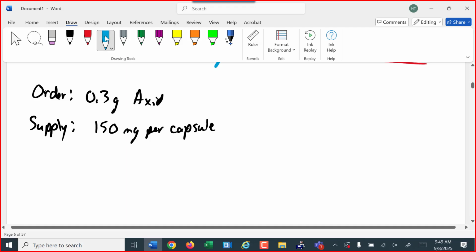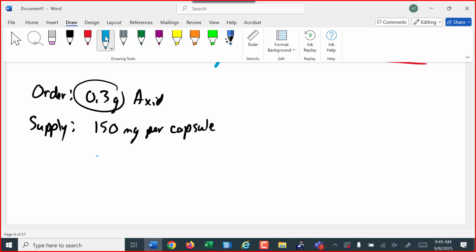So again, the dimensional analysis will always just start out with the doctor's orders, 0.3 grams. Since it's a simple unit, I just put it over 1 to make it a fraction.